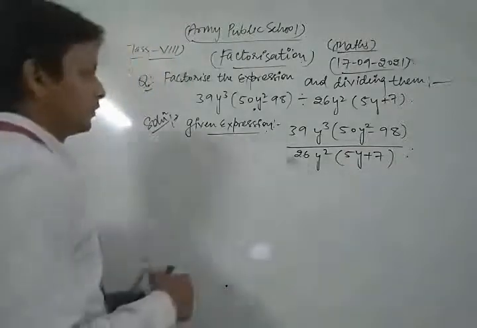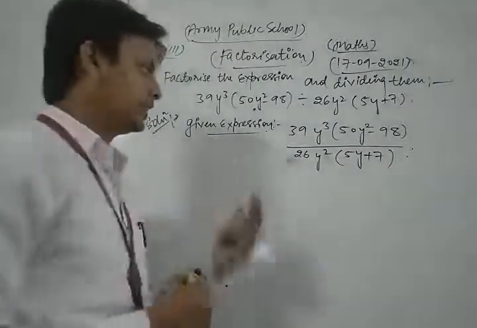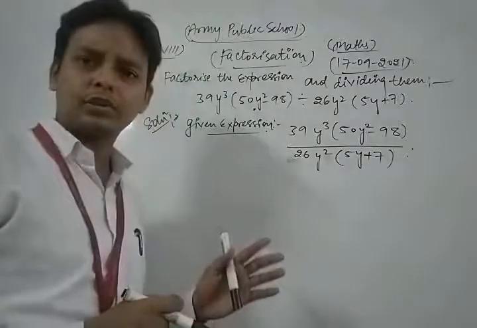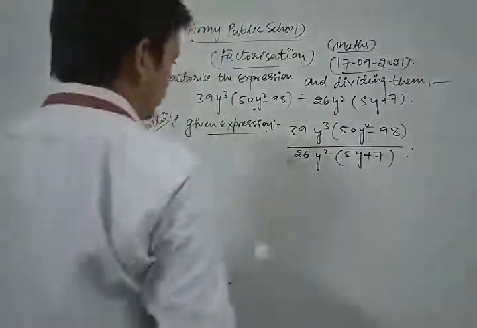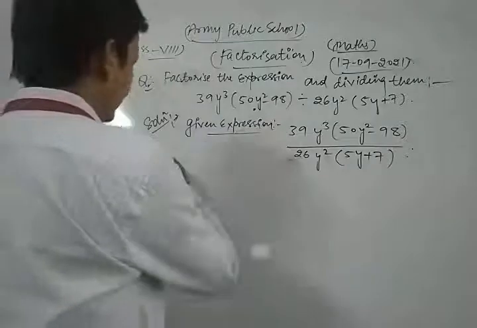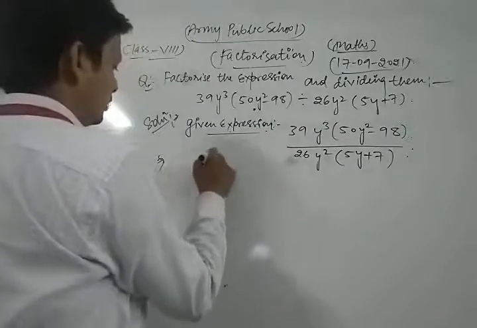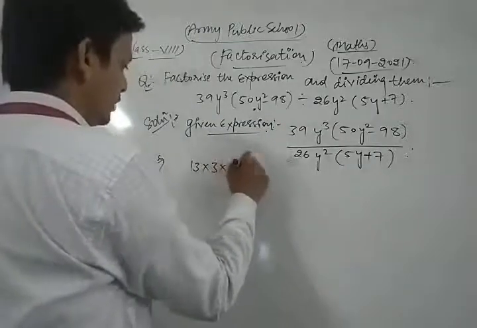First of all, we do the prime factorization of the constant terms. We write 39 as 13 into 3, and y cube as y square into y.